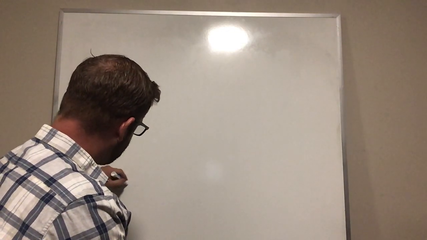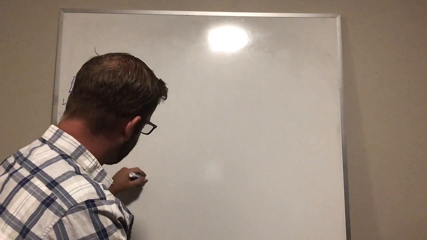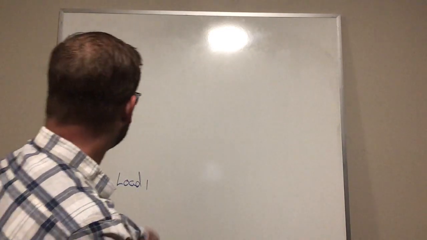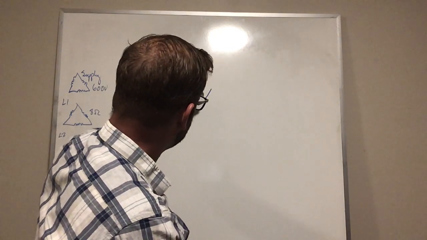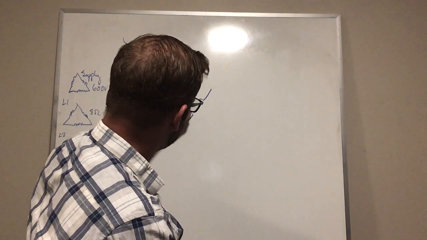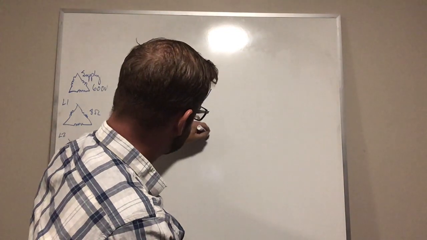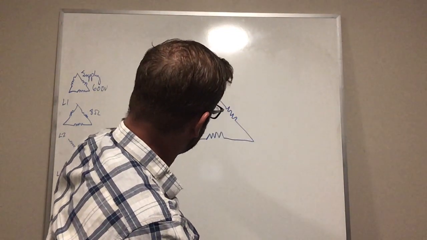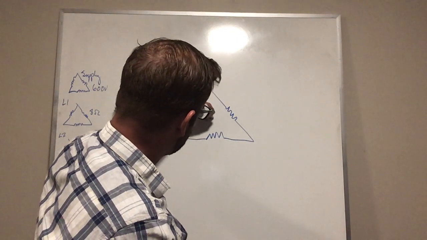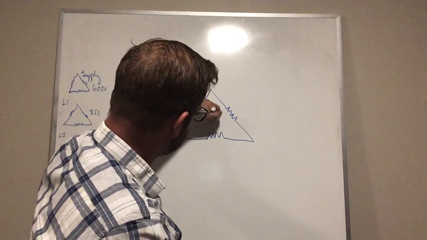So load number 1, let's start with it. It is resistive, in delta, and we have 8 ohms per phase.